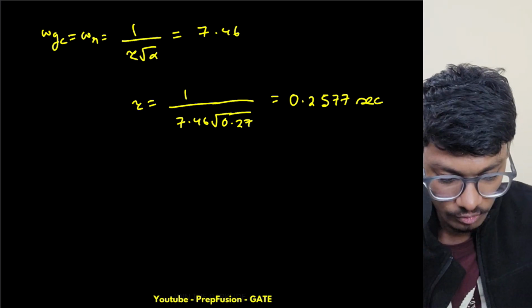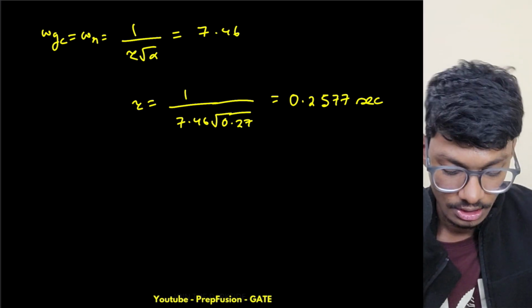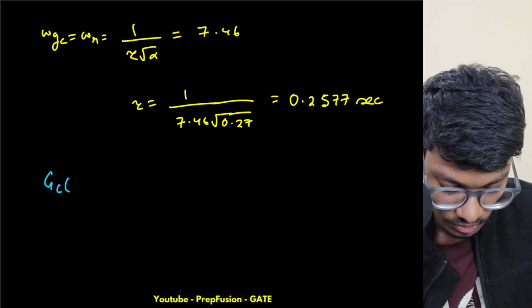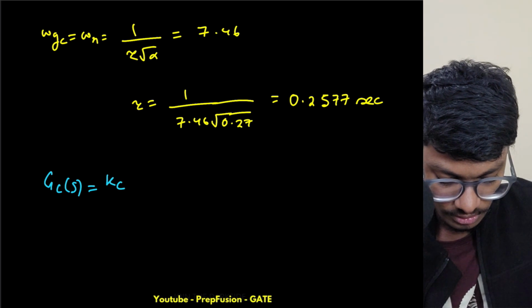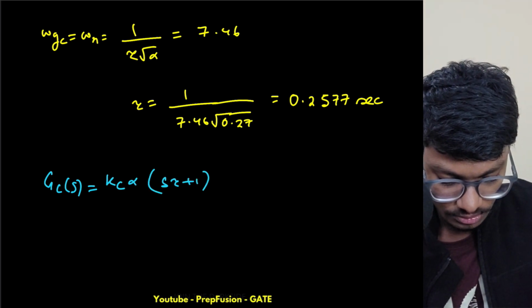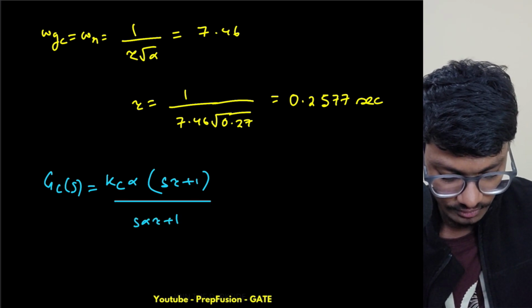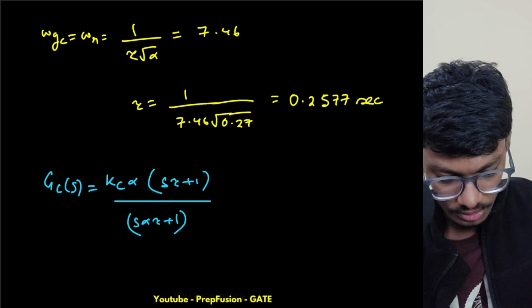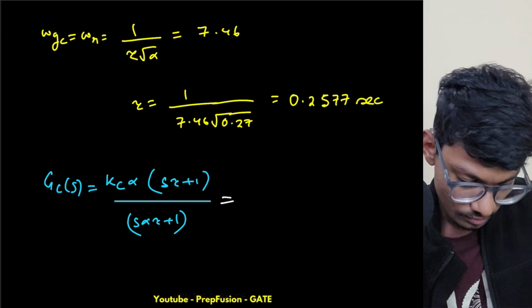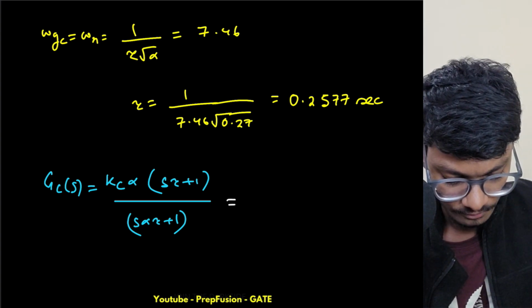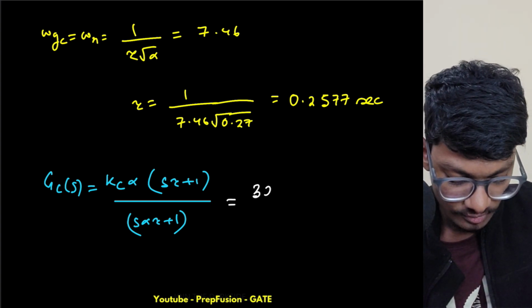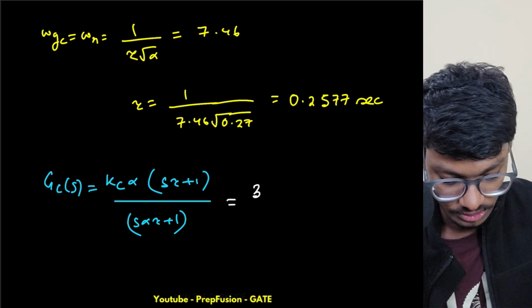So basically what will my final values be? The final value will be Gc of s. I wrote this as Kc alpha, s tau plus 1, divided by s alpha tau plus 1. What is Kc alpha? Kc alpha was 10.